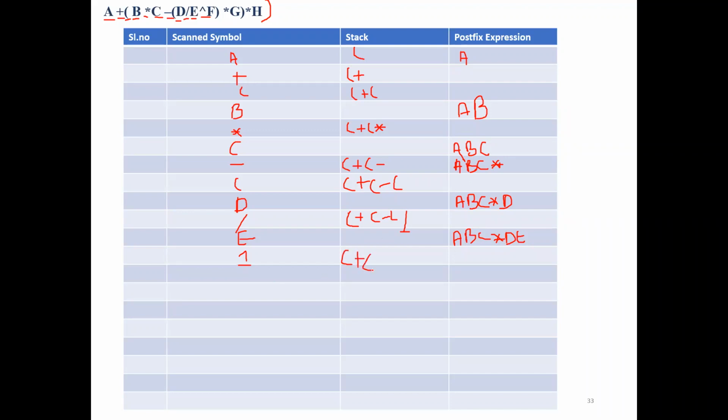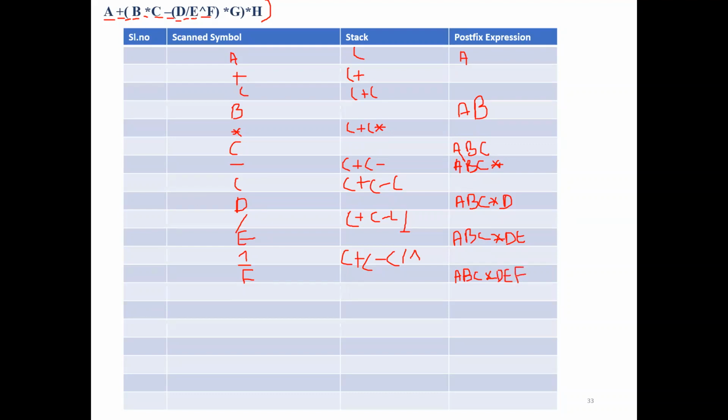We have to push the incoming operator. So we will be pushing the exponential operator on top of the stack. Next is the symbol F, right? F is an operand. So what we are supposed to do? We will be just displaying it onto the screen. So A, B, C, star, D, E, and then F.